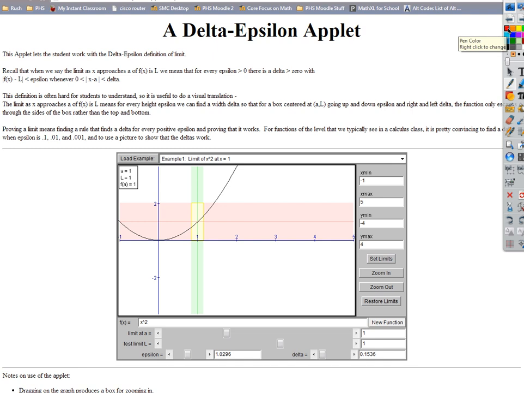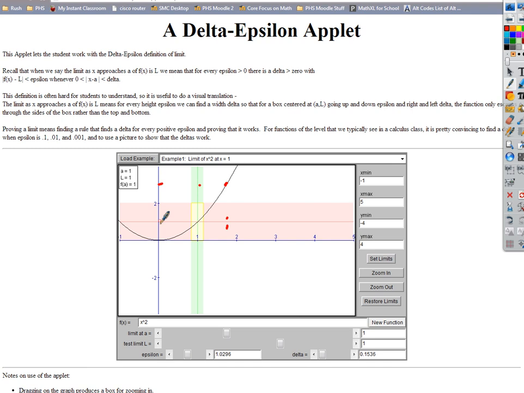If the ant is standing, say, right there on the function, is he within 1 of his target Y value? Is he? Make sense? When he's standing right here, his X value is like 1 point something. His Y value, it looks like is, I don't know, about 3? Something like that. Looks like it's going 1, 2, 3, something about 3. That's 2 away from the limit of 1.